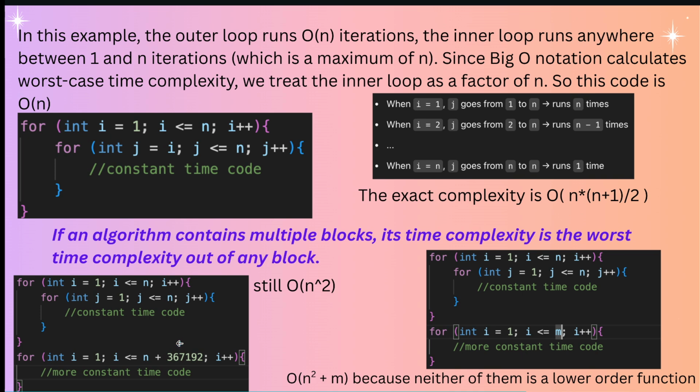But as we ignore the constant factors and lower order operations, the time complexity is still O(n squared). And here, because neither of these loops is a lower order function, our complexity is O(n squared plus n).